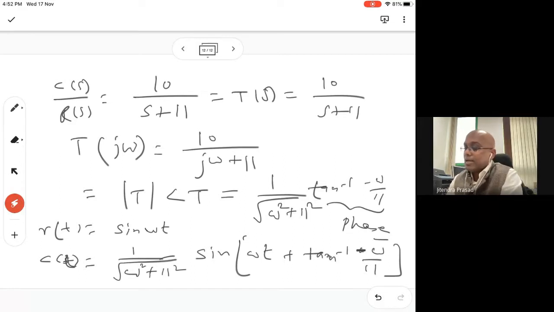This is the interpretation. This is the magnitude, this is the angle.